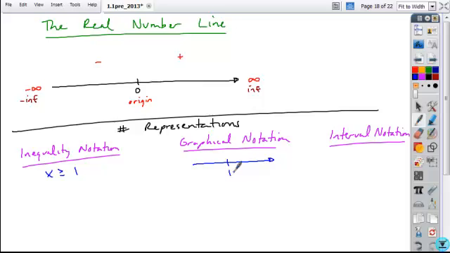And then you identify, are we selecting all of the values that are to the right or to the left of this point? Greater than is to the right, less than is to the left. We want all the x's that are greater than or equal to 1, so are we going to the right or to the left? Okay, so we're looking at everything to the right. So this is the set. And then the last thing is you determine whether that critical point is included or not included.